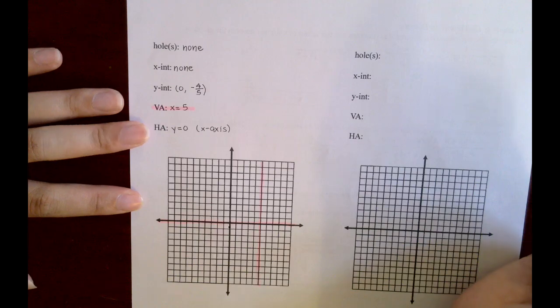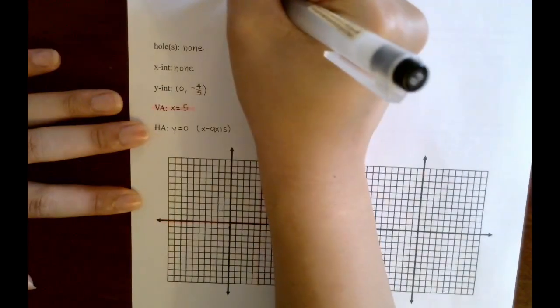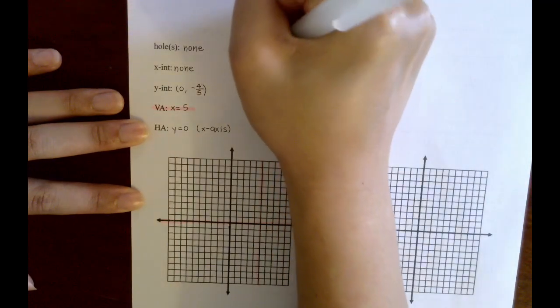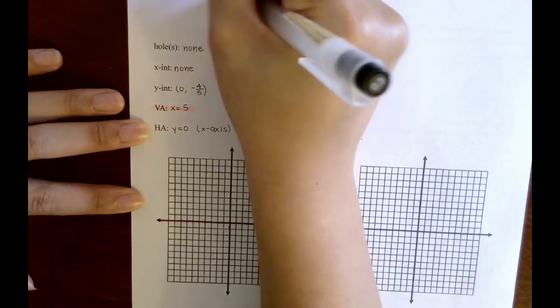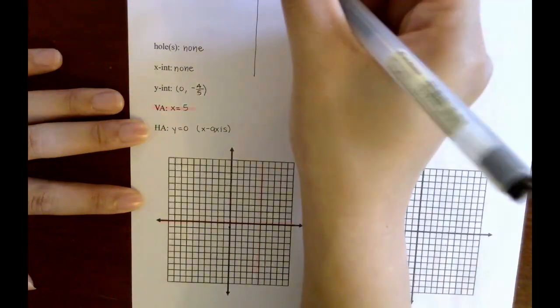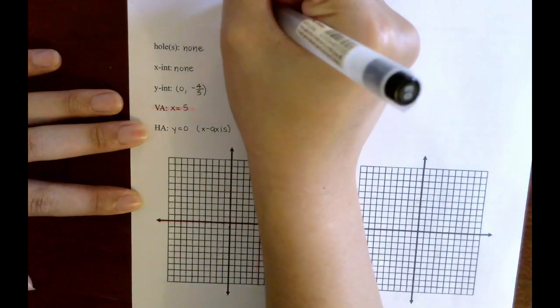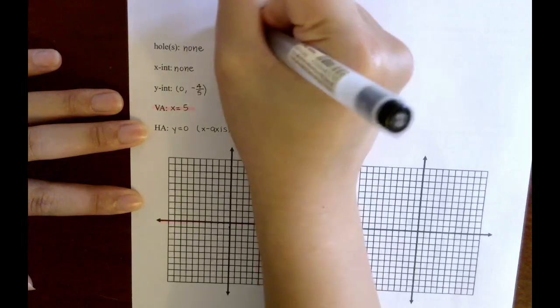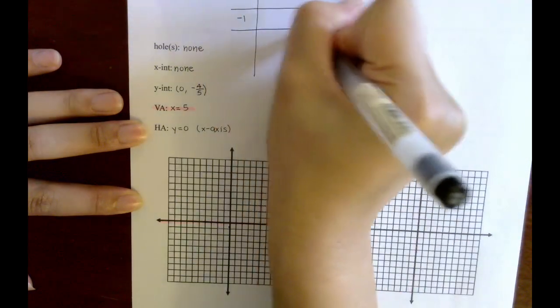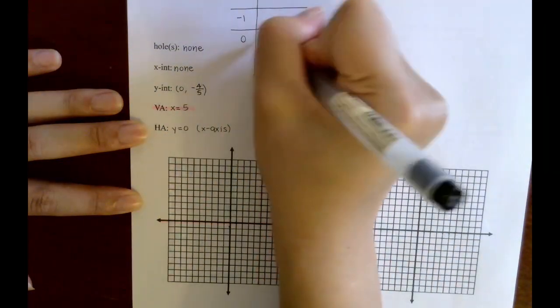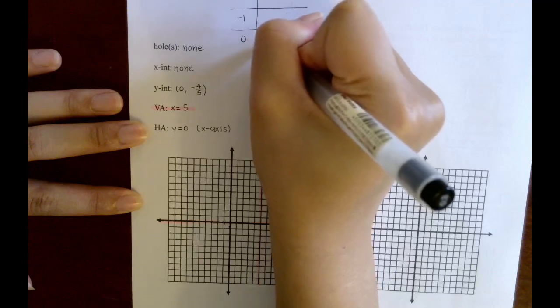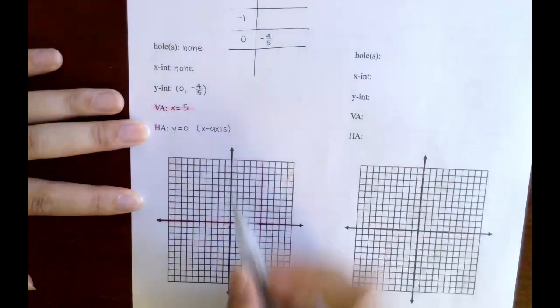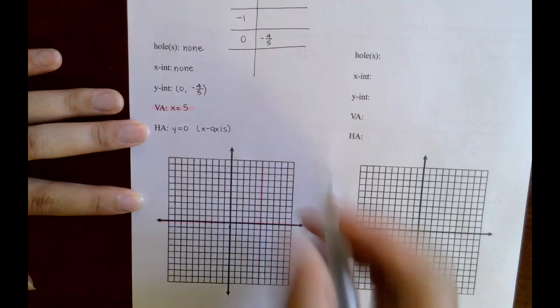So then let's just plug in some points. So make a table. Maybe let's do some like negative 2, negative 1. We already have 0, this is our intercept. Let's do some that are a little bit closer here.